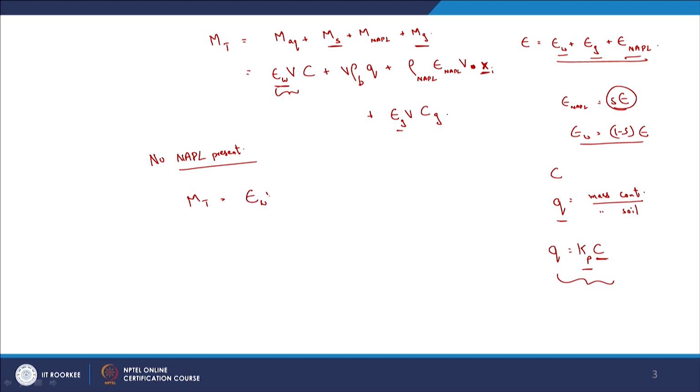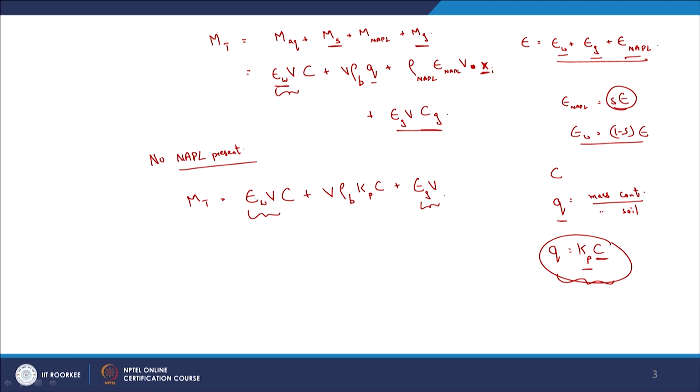So, volume occupied by water times concentration of the relevant contaminant in the water plus volume, right, bulk density, and q. q, as we know from here, is in equilibrium with the concentration of the contaminant in the water, right, and now I am assuming there is no NAPL. So, I am going to have these terms here, right. So, the gas volume times concentration of gas.